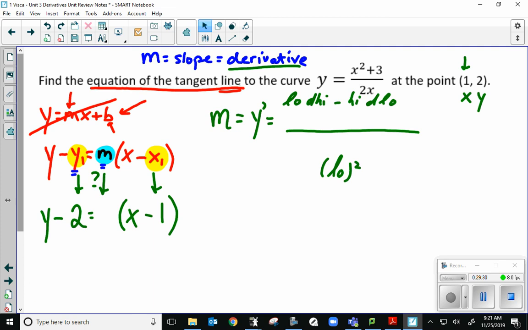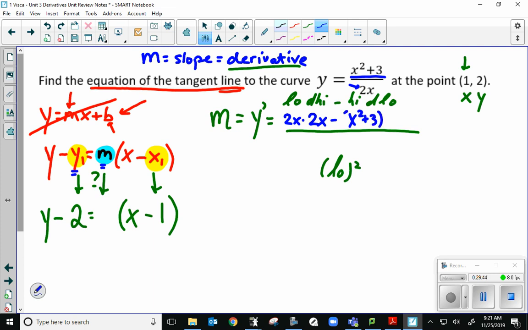It is low, just as it is, 2x, times d high. The derivative of this is actually 2x, minus high, just as it is, x squared plus 3, times d low. The derivative below is 2. I draw a line and I square the entire below thing here. There you go. That is my derivative.